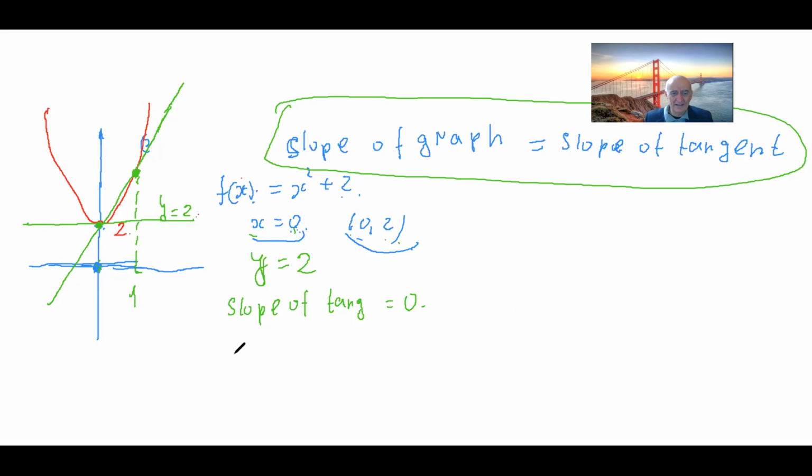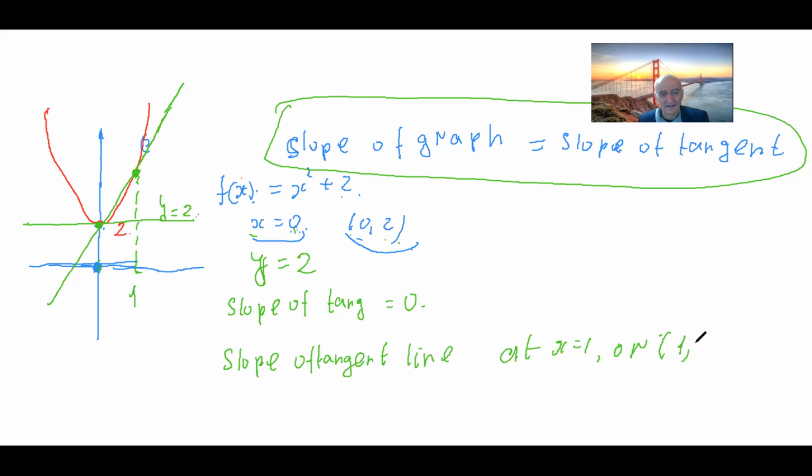So what I need now is to find the slope of the tangent line at the point x equals 1, or for a clearer explanation, at the point 1, and please help me to write down the second coordinate. 3.